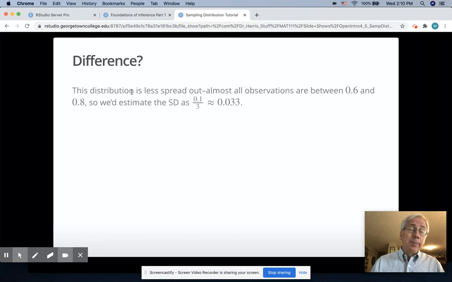The shape was still bell-shaped. The mean still seemed to be at the population proportion, but our standard deviation went down. If almost all our observations are between 0.6 and 0.8, the difference between 0.7 and 0.8 is 0.1. That would be 3 standard deviations roughly. So 1 standard deviation would be 1/3 of that, or about 0.033.